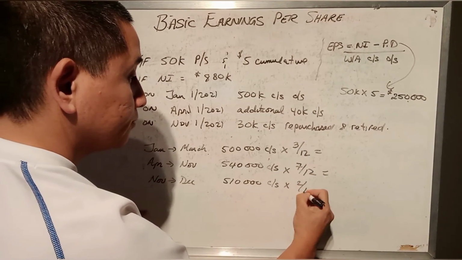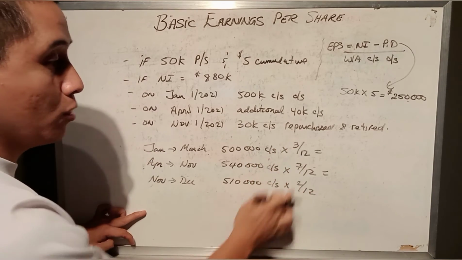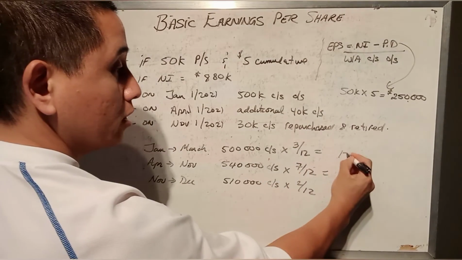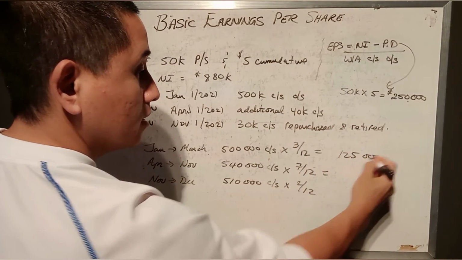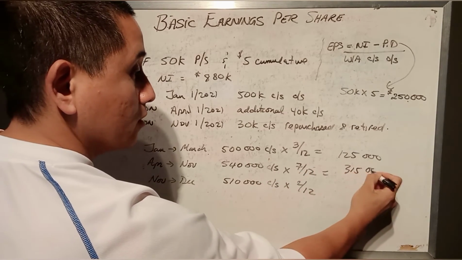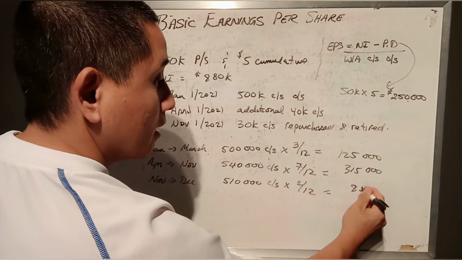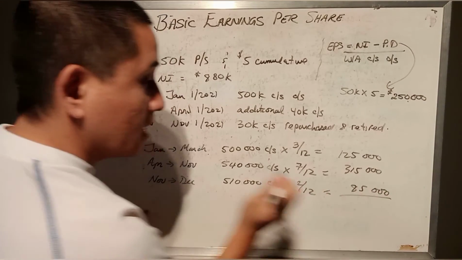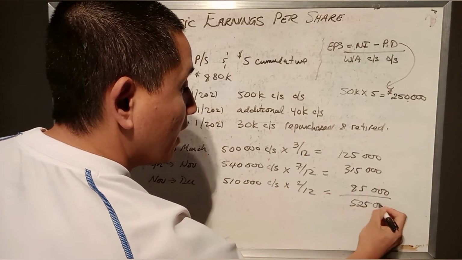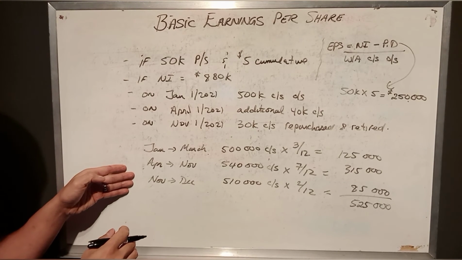Just to check, 3 plus 7 is 10, plus 2 is 12, so it should add up appropriately. This would give us 125,000. This would give us 315,000. And lastly, that should give us 85,000. If we sum it all up, that should be 525,000 common shares. So this is the weighted average common shares.